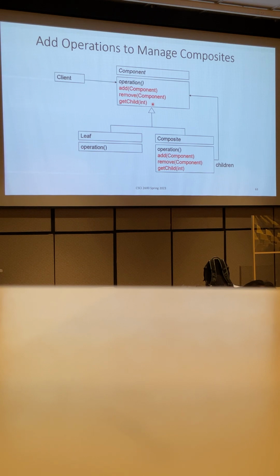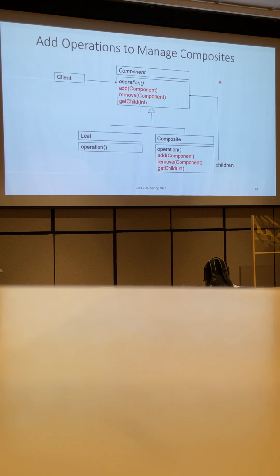So for any given component, we can ask it to give us its constituent parts, if it's a composite, right? So if it's a leaf, then no, we're not going to have an implementation for get child. Right? But if it's a composite, it has to support get child.